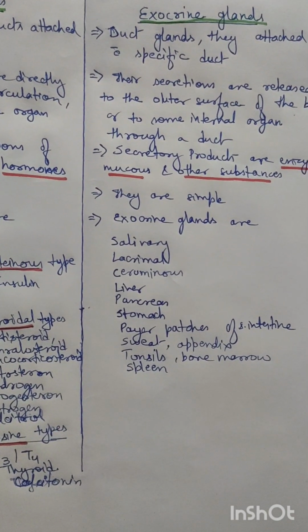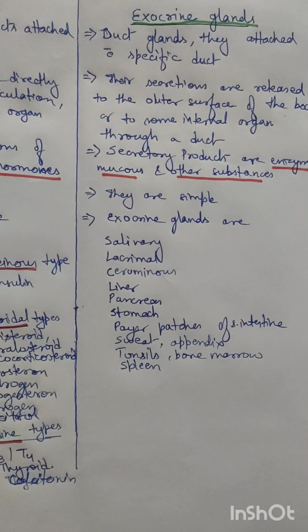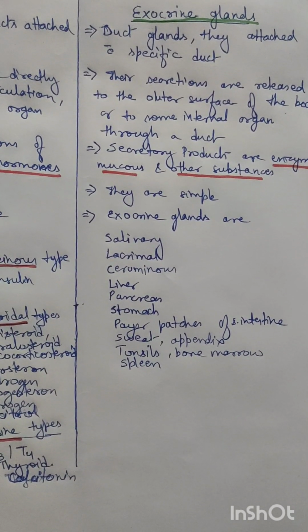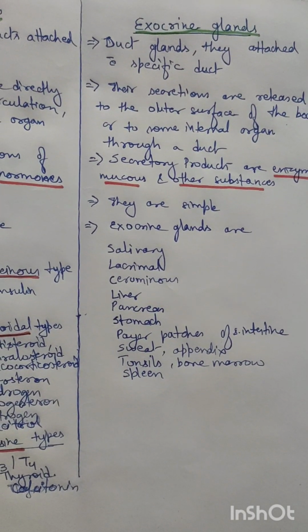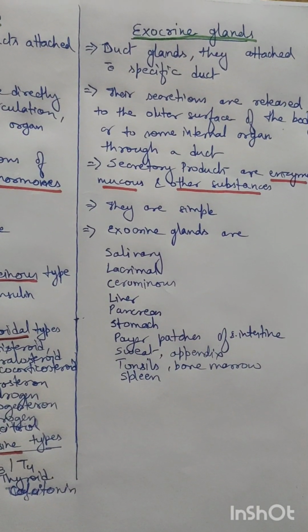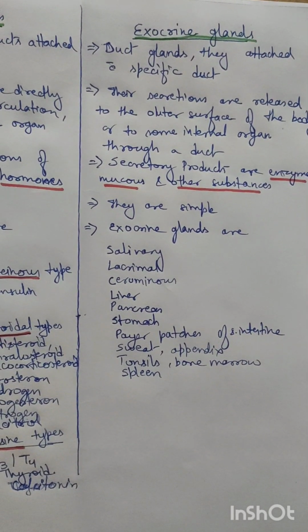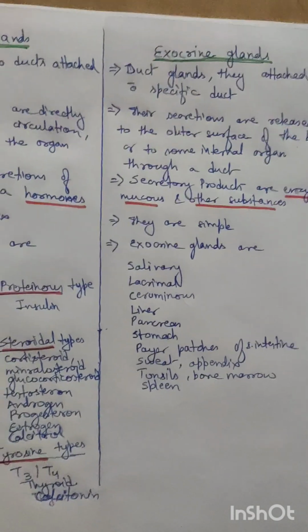Their secretions are released to the outer surface of the body or to some internal organs through a duct. The secreted products can be enzymes, mucus or other chemical substances.